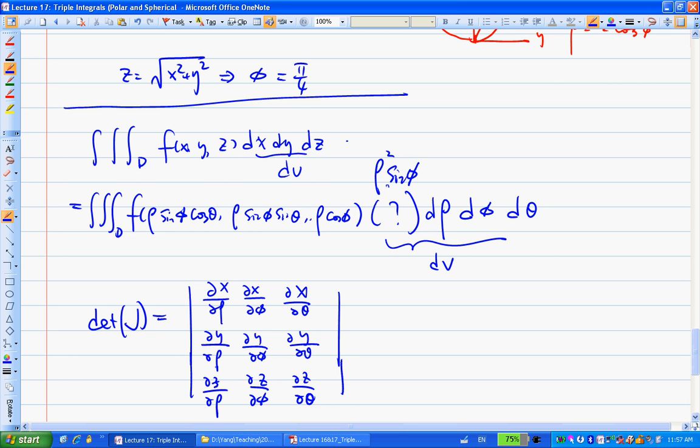Then calculate the determinant of this 3 by 3 matrix. That gives you the same thing, rho square sine phi.